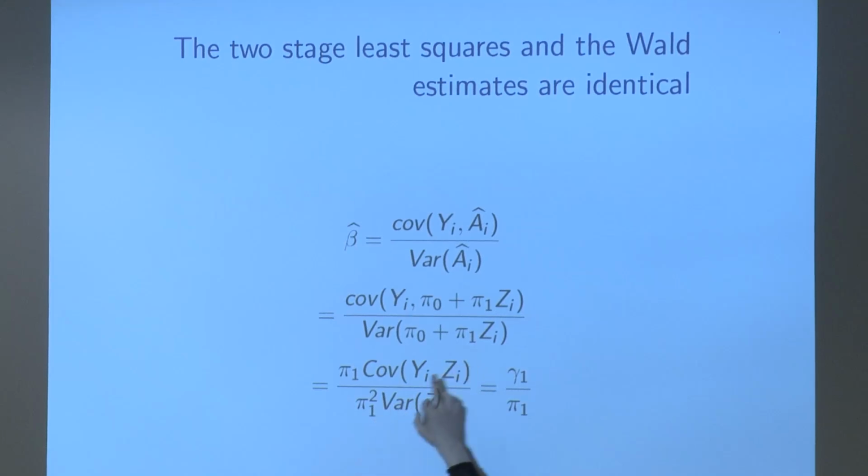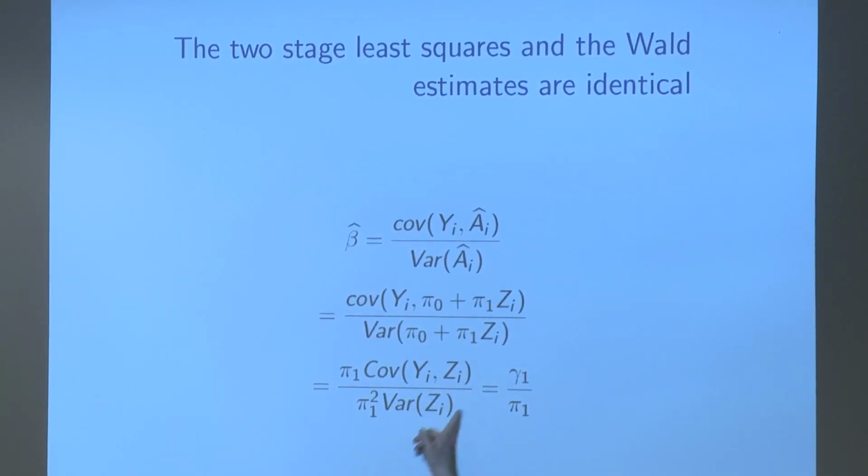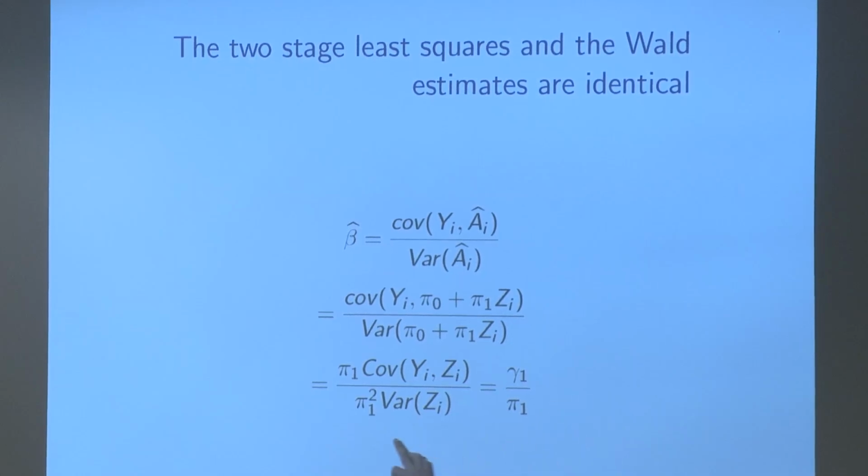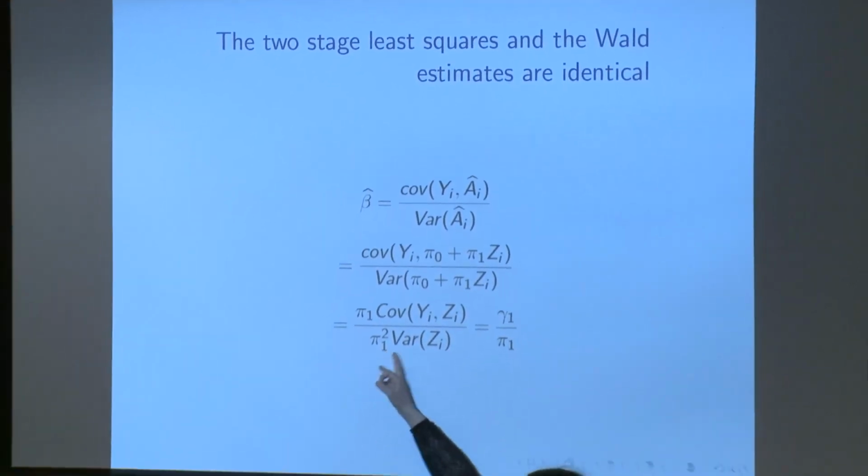And then here we have just pi 1 squared times the variance of zi. This term here is simply the OLS coefficient of zi in the yi regression, so that's gamma 1. And we are left with an extra pi 1 that we use here.